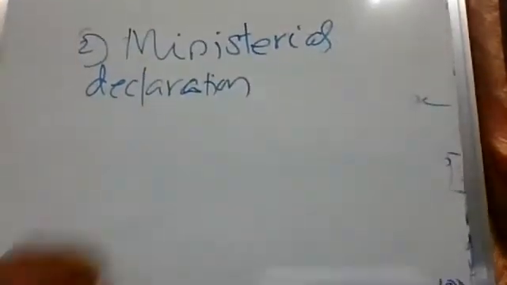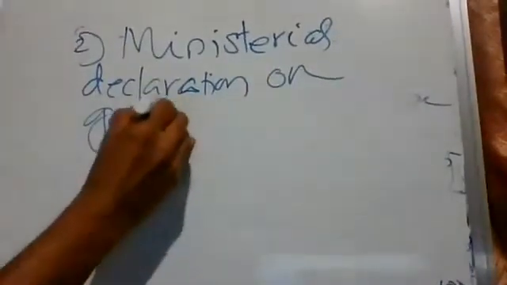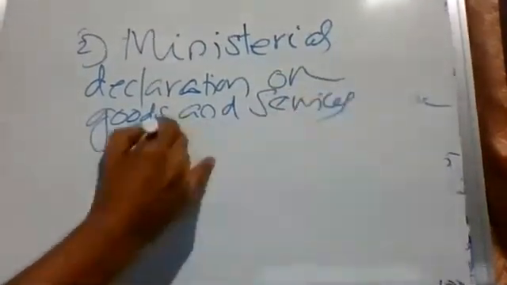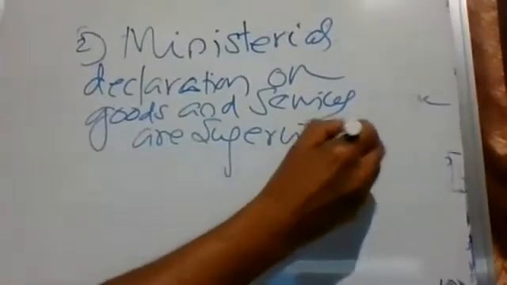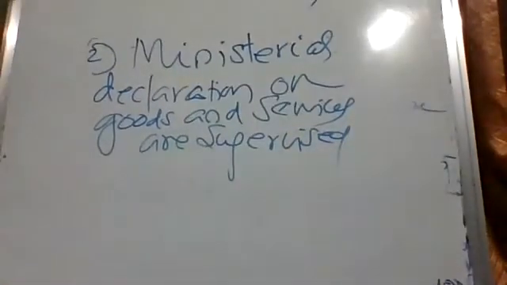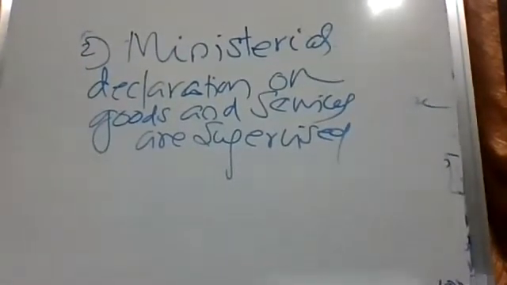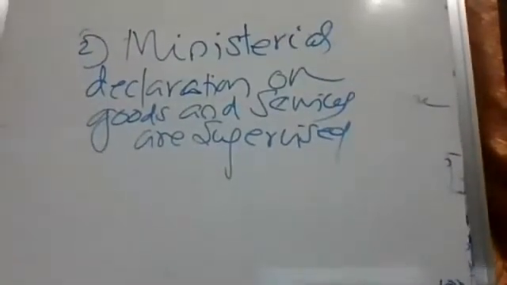Ministerial declarations on goods and services are supervised. So these are the major functions of World Trade Organization. That's all. Then we are going to the next topic.